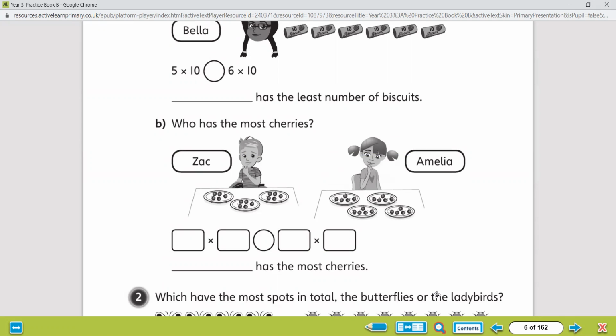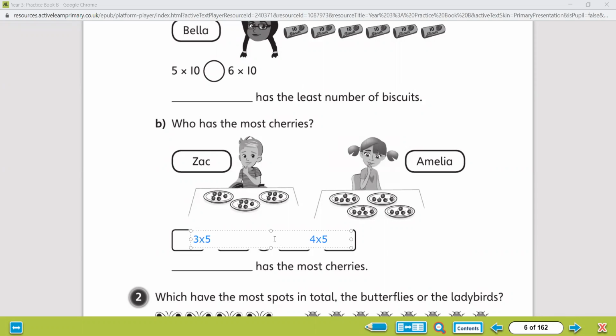We've got Zach and Amelia. The cherries are in plates of 5. Zach has got 3 plates of 5 and Amelia's got 4 plates of 5. Let's see if I can show that on the screen. I'm going to go with text. I'm going to say 3 times 5 is Zach's, moving along, 4 times 5.